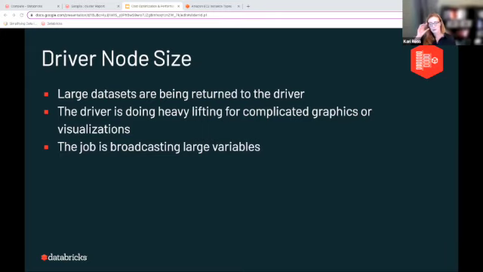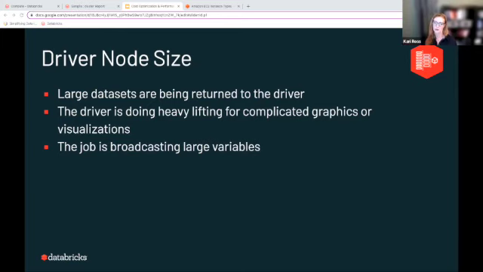But for driver node sizing, driver nodes typically don't do too many resource-intensive tasks like the workers, because they're really doing the coordination for the workers. However, the exceptions are when you have large data sets that need to be returned to the driver, when the driver is doing heavy lifting for complicated graphs and visualizations, or when it's broadcasting large variables, meaning that those variables have to be collected to the driver and then sent to all the workers after that.